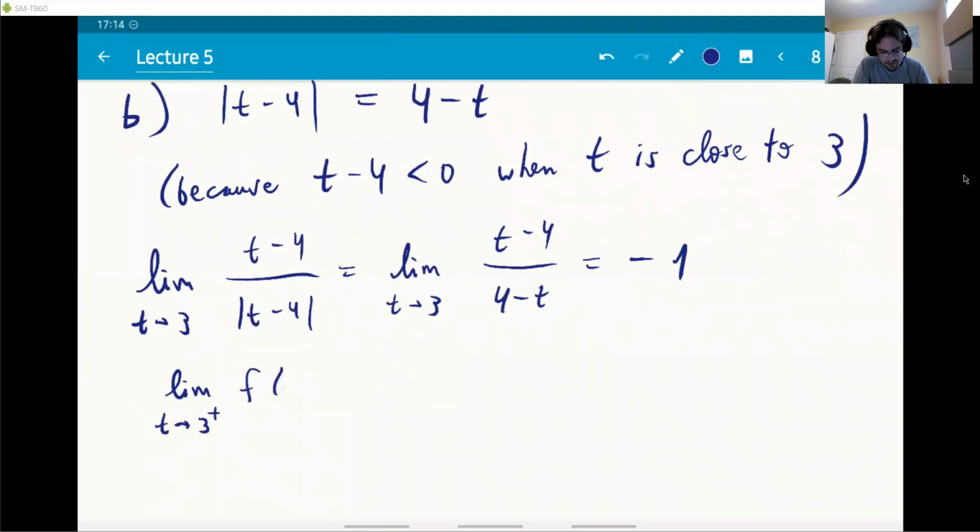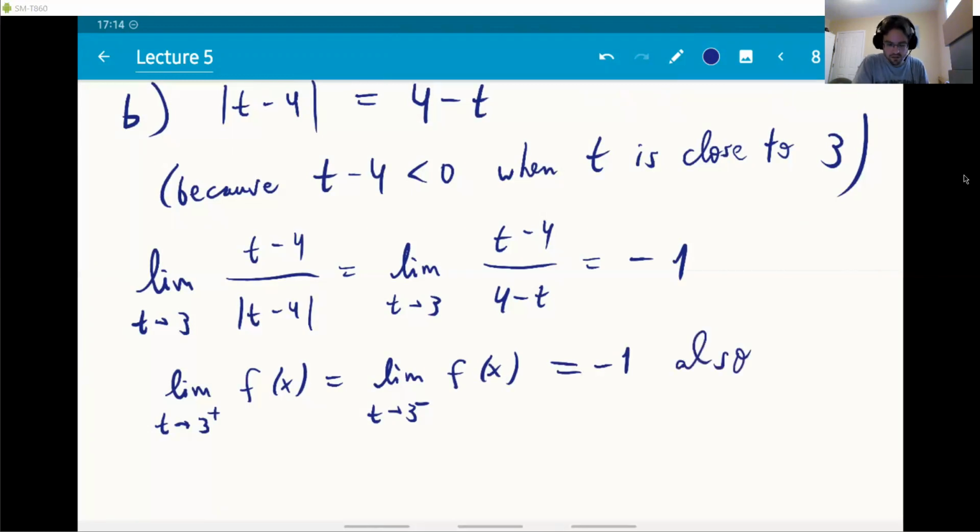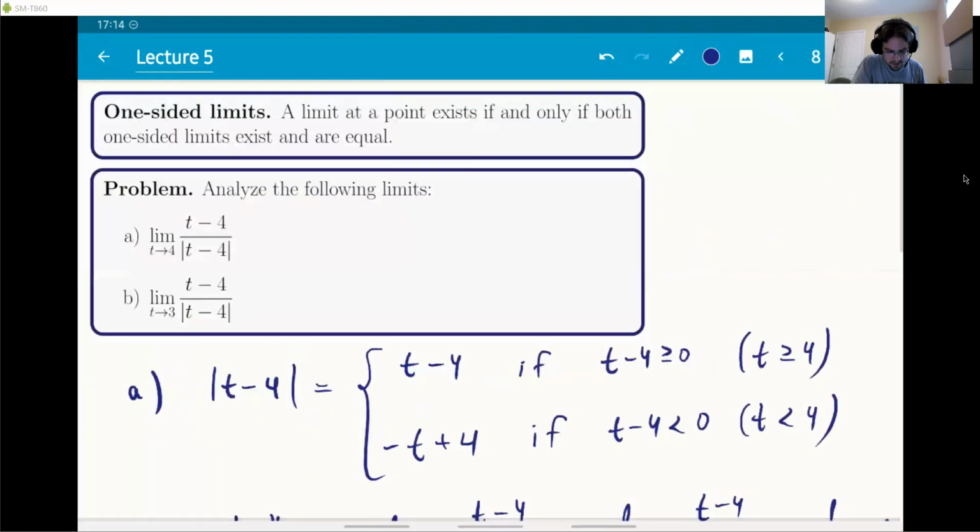Let me write f of x here. So it was a trick question. The point where you're computing the limit is not a point where this absolute value changes sign. So it has one specific sign around that point.